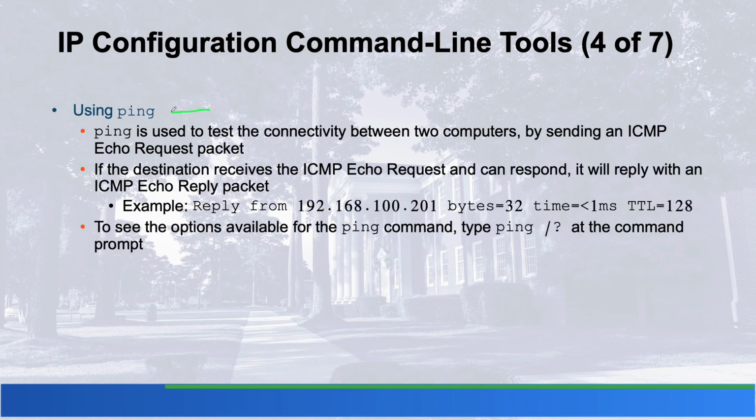Ping command is to test connections between computers. So you type ping, and then you just type the IP address of the computer you want to try to contact. And you'll get a message like reply from, and then the IP address that you are pinging.